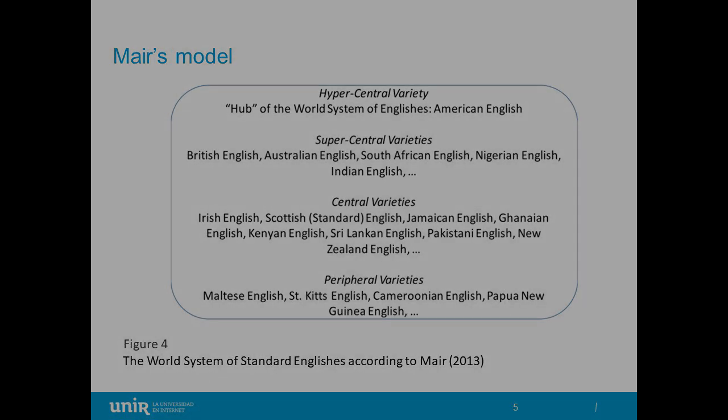So, as a really brief summary of what I said before, in Kachru's model, Irish English was not established in any of the circles, but in Meyer's model, Irish English was considered among the central varieties of English.